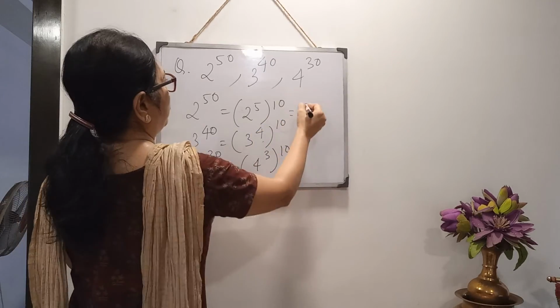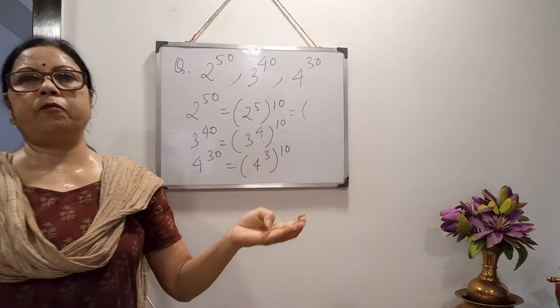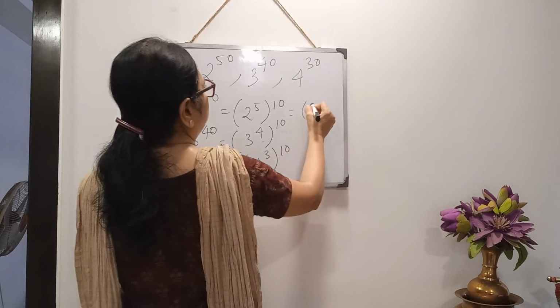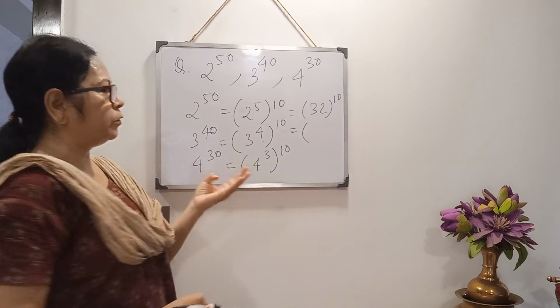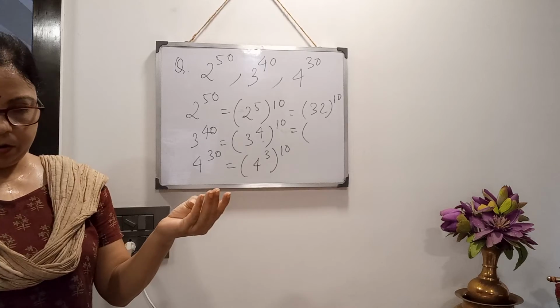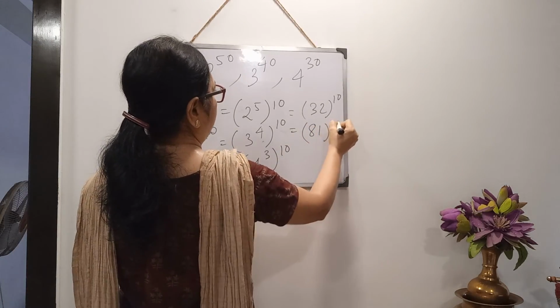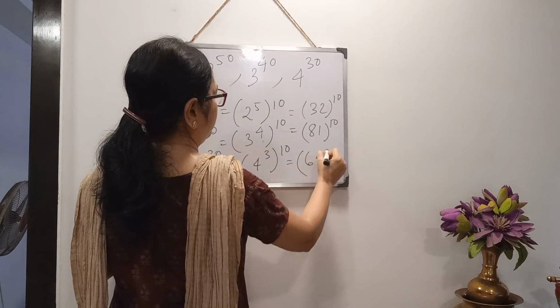Now 2 to the power 5 means 2 twos are 4, 4 twos are 8, 8 twos are 16, 16 twos are 32. So 32 to the power 10. 3 to the power 4 is 81, so 81 to the power 10. And 4 cube is 64, so 64 to the power 10.